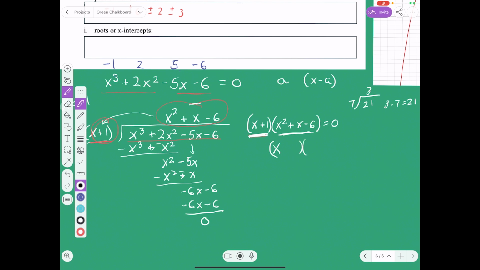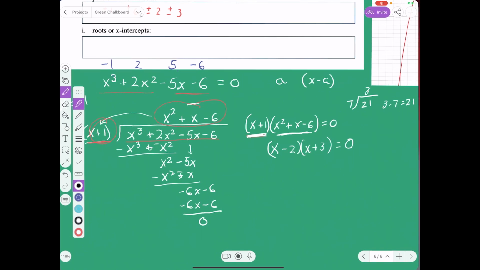If we're not sure if we can factor it or not, we could try the discriminant. But here I think this is going to work, because I know the first terms have to be x, and I'm going to need to get a positive 1 in the middle. So I think a positive 3 and a minus 2 are going to work. And again, if that looks confusing, we can FOIL it out and make sure that we get to where we started. And we would in this case.